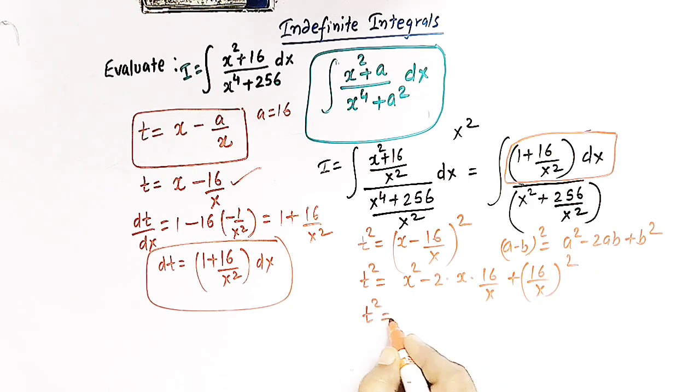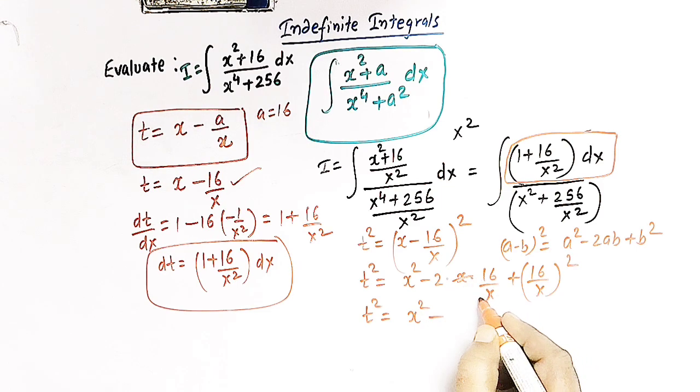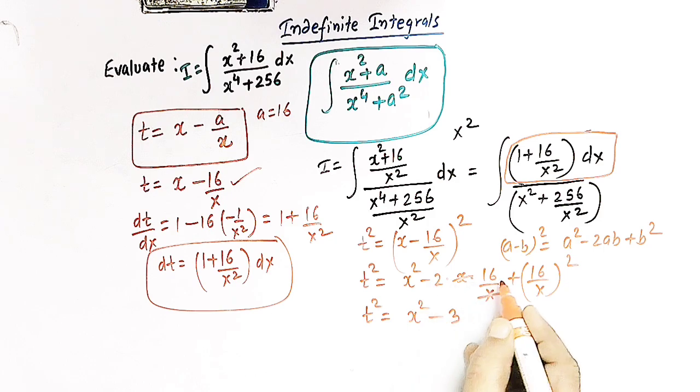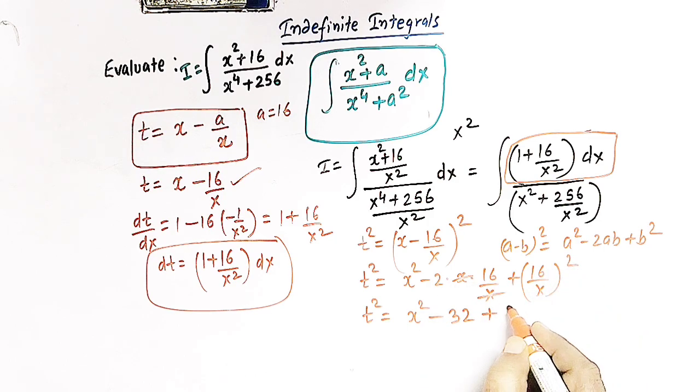So we can now write t square is equal to x square minus, here x and x get cancelled, so we are left with 2 times 16 is 32, and plus 16 square is 256 divided by x square.